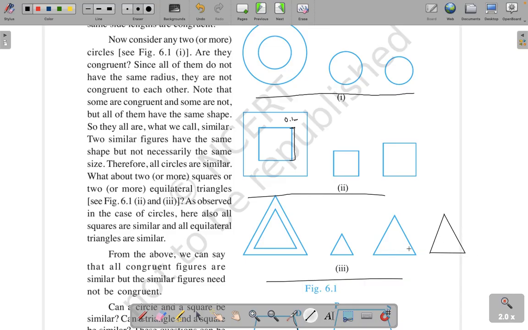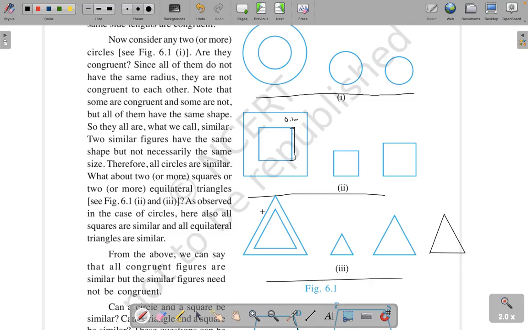So if these two triangles are exactly the same, they are congruent. But if they are congruent, that means they are similar as well, because they have the same shape and may have the same or different size. But all similar triangles are not congruent.